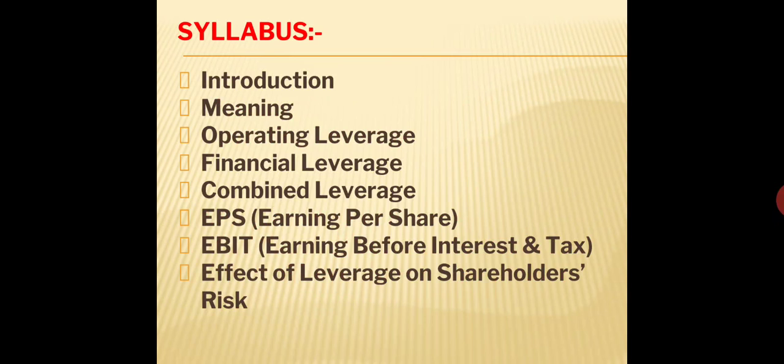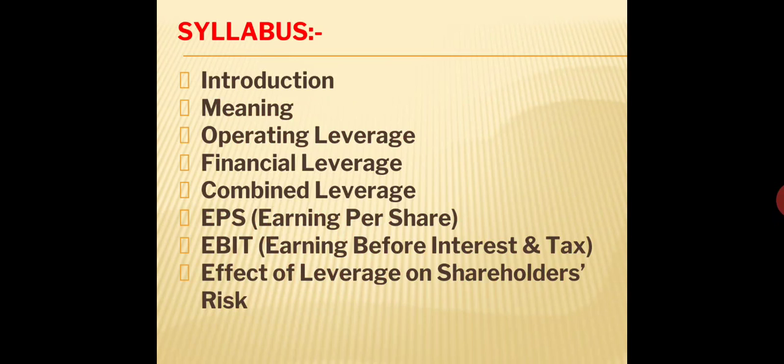Then after we are going to calculate the sum, that is EPS. EPS stands for earning per share. Then after EBIT. EBIT stands for earning before interest and tax. And the last one is the effect of leverage on shareholders' risk. Basically it is the chapter of practical.